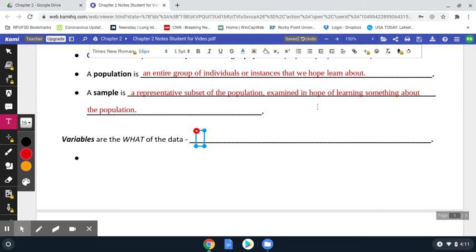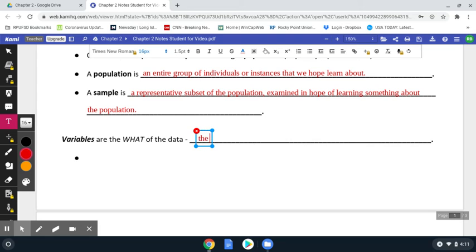All right, so now let's kind of talk a little bit about these W's. We're going to start with the what today. So variables, we said earlier, are the what. Now when we talk about the what, we're talking about characteristics. So we say, what about it do we want to know?